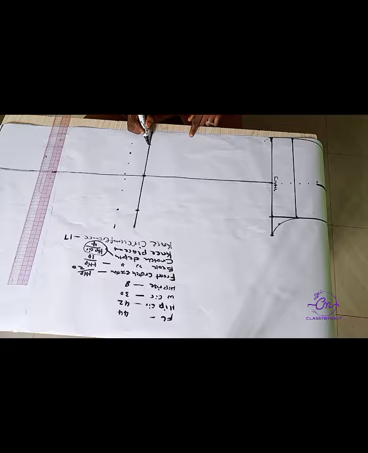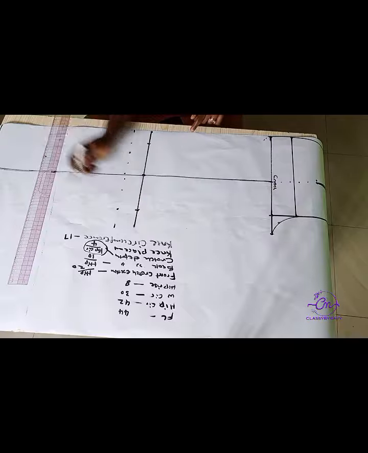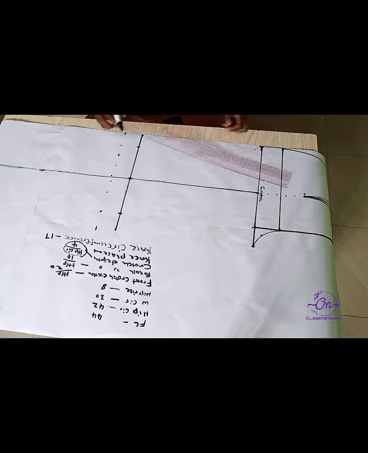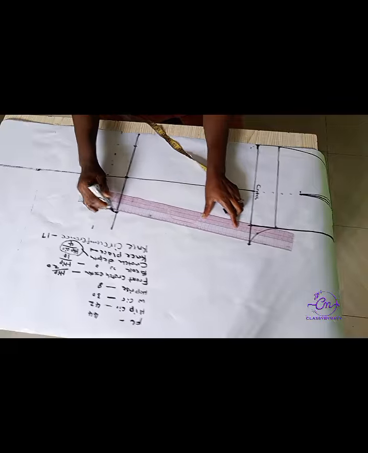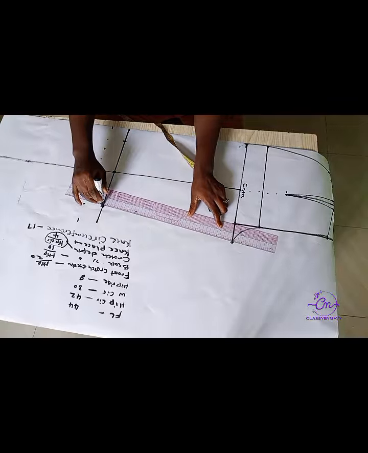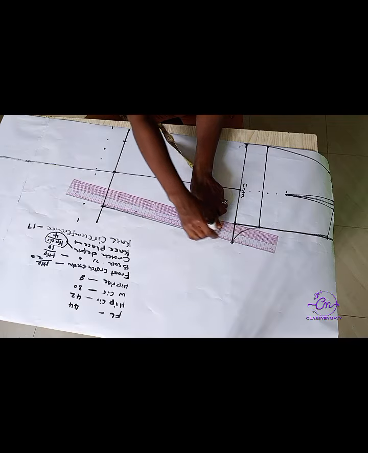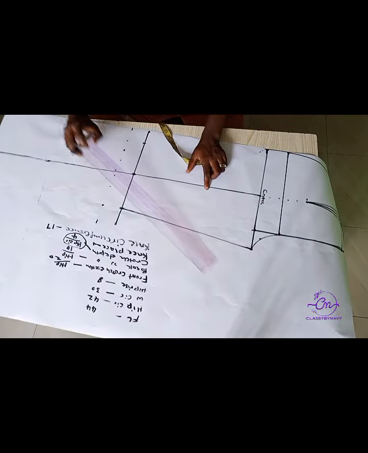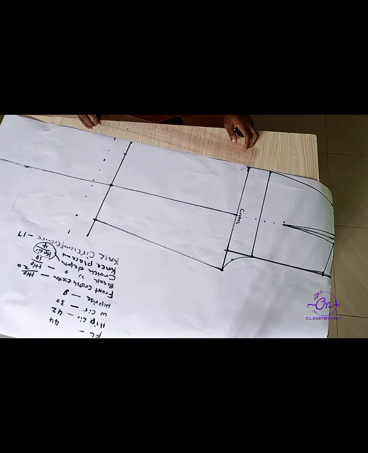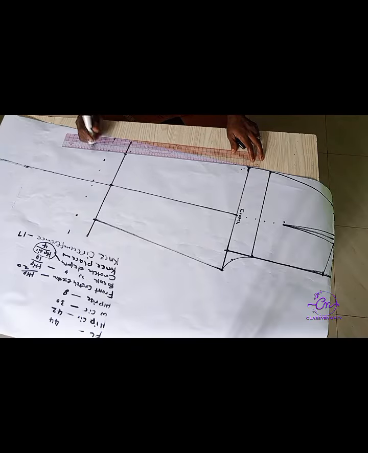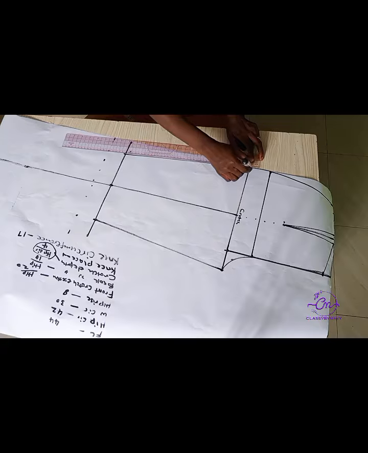Can you see? 4 1/4 here, 4 1/4 here. So having gotten there, we will link it. Link this part to the crotch extension, and then this part to the hip area, like this.